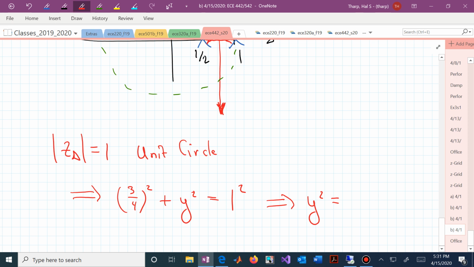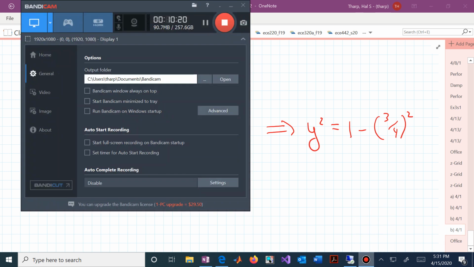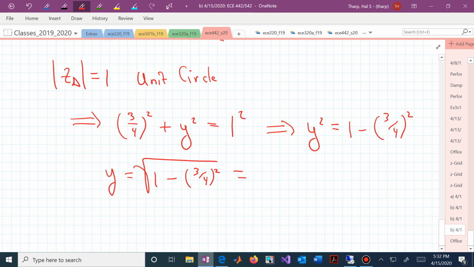We now know that y squared is equal to 1 minus 3/4 squared, or y is now the square root of 1 minus 3/4 squared. We can now use that to determine what y is.